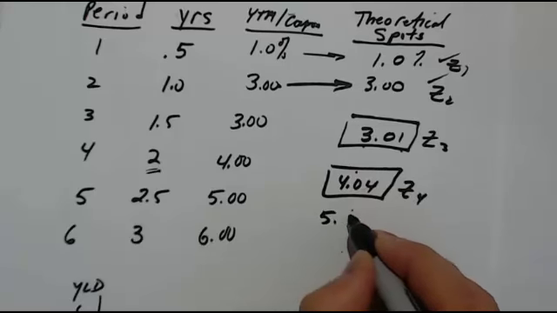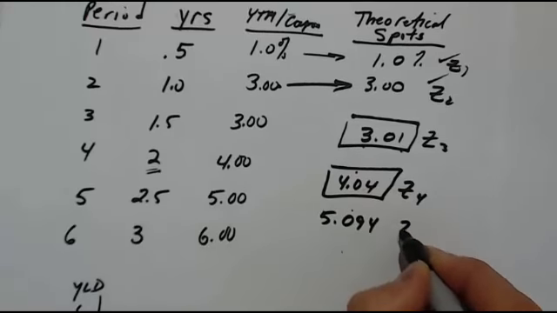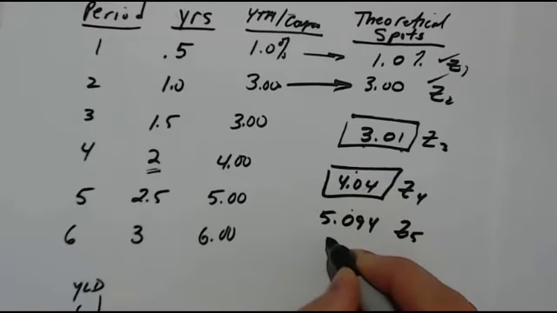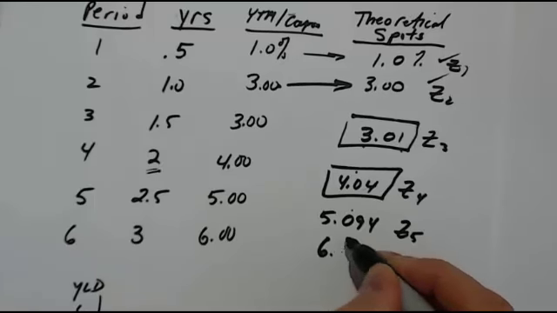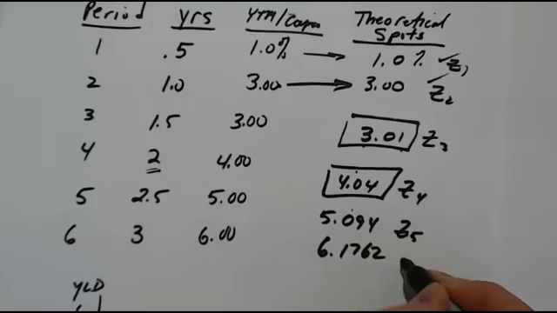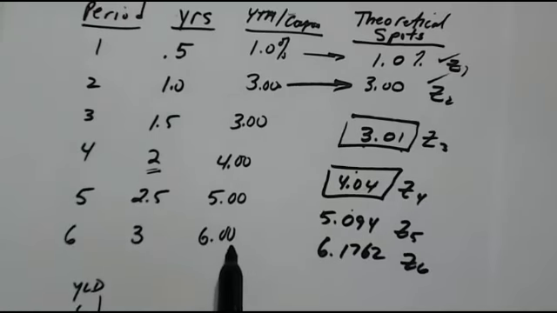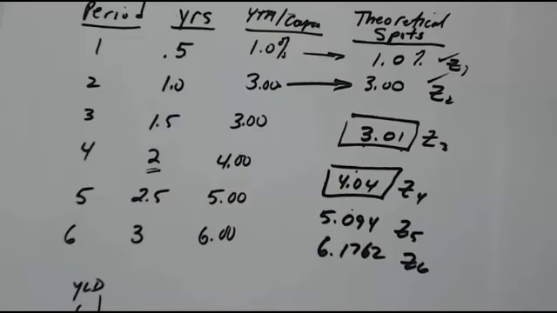It's 5.094 for Z5, and 6.1762 is Z6. So you see the differences in the interest rate start to change between the two rates only after 3 years. Okay? And so if you go 30 years, it's going to get magnified. It's 3 years, but you have to compound it over 3 years, and the difference gets magnified even more.